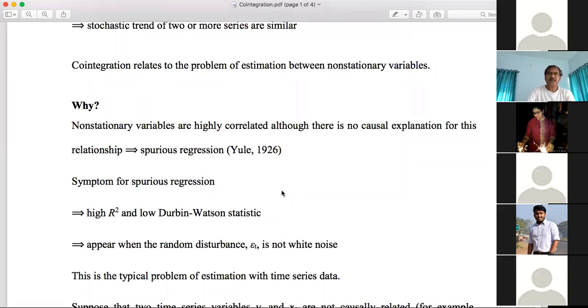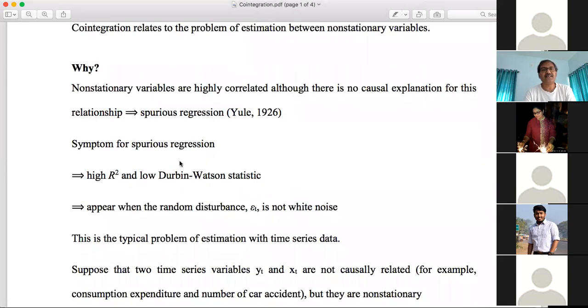So, in OLS estimates, either in a simple linear regression model or in a multiple linear regression model, if you have highly significant values in terms of R square and T statistics, and simultaneously a low value of Durbin-Watson, then high R square and low Durbin-Watson statistic are the symptoms of spurious regression.